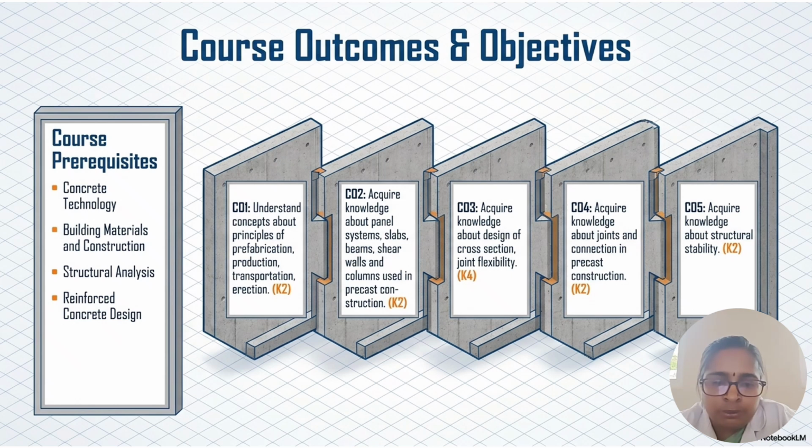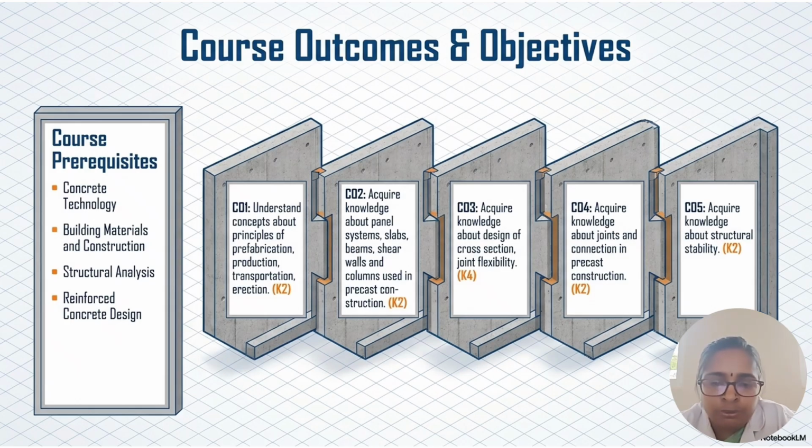And the course outcomes covered in this subject are: the first unit deals with the concept about principles of prefabrication, production, transportation, and erection. The second unit deals with the panel systems, slabs, beams, shear walls, columns used in precast construction. The third unit deals with cross-section design and joint flexibility issues.